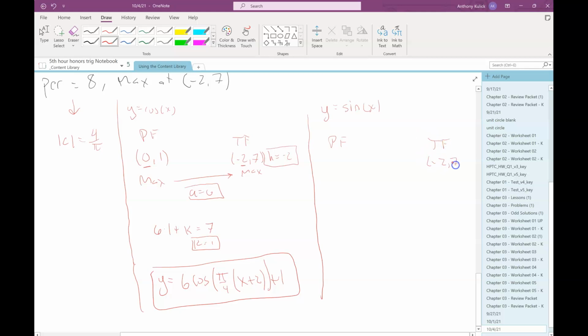I'm told -2, 7 has to be a maximum. So the point from my parent function that I choose has to be an extreme point, a maximum or minimum. So for sine, the maximum is at pi/2, 1.